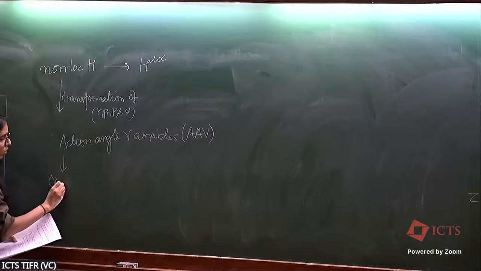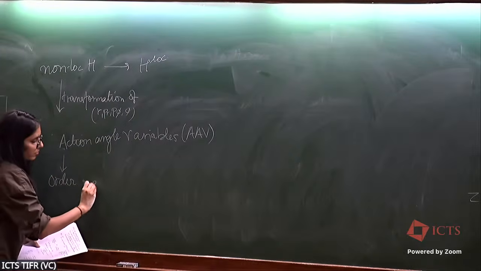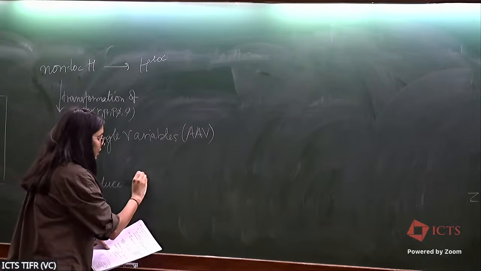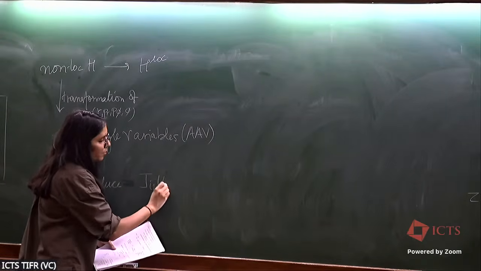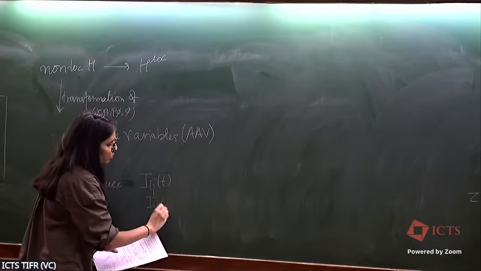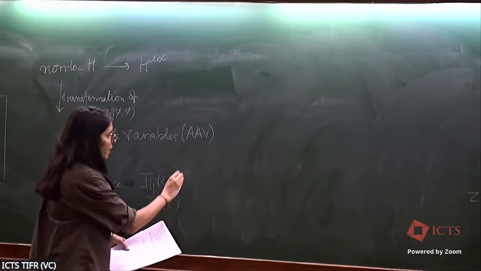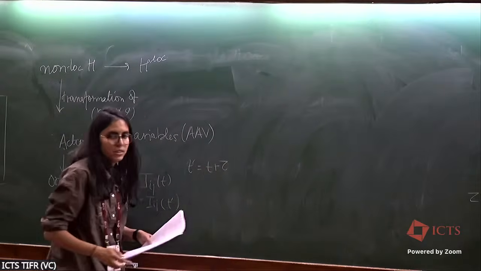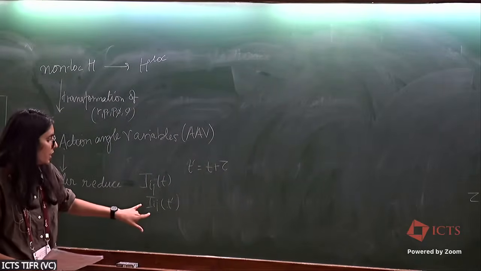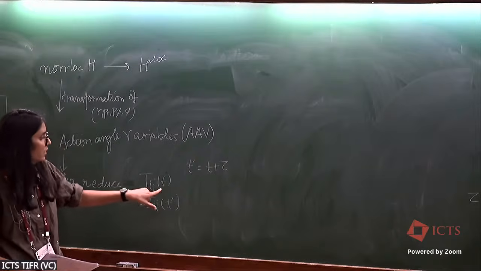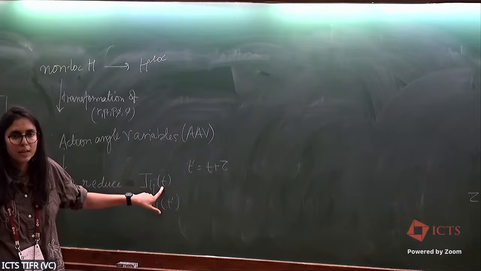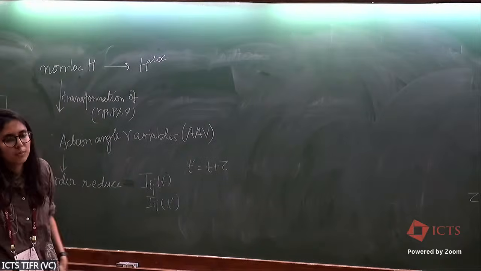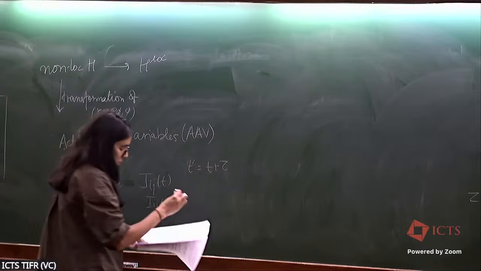What I mean by order reduction is that I had Iij at some time t and Iij at some time t prime. This t prime is nothing but t plus some parameter tau. If I can express this source multipole moment in terms of the source multipole moment at time t, I am able to order reduce it. So everything will be in terms of time t.